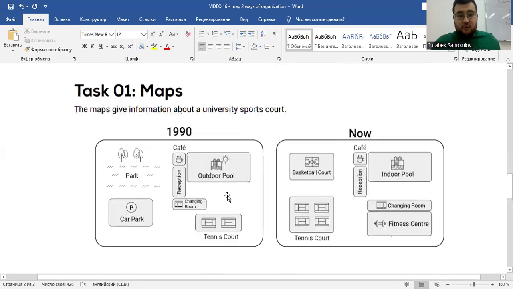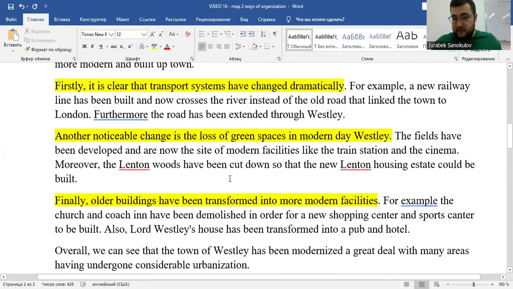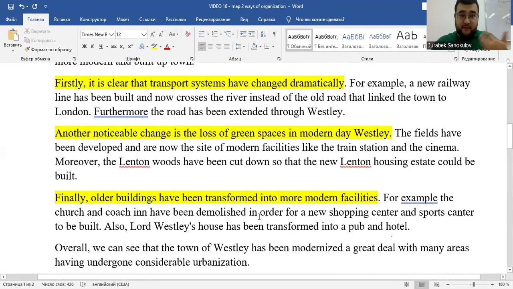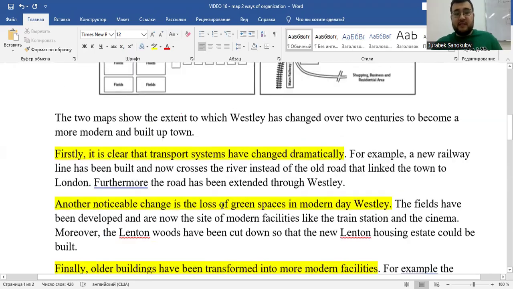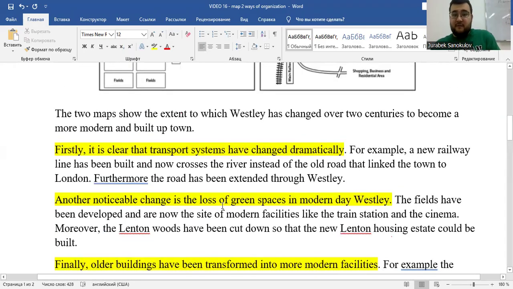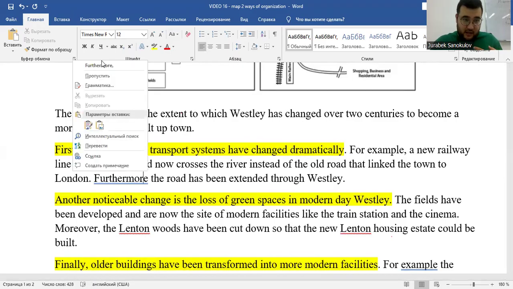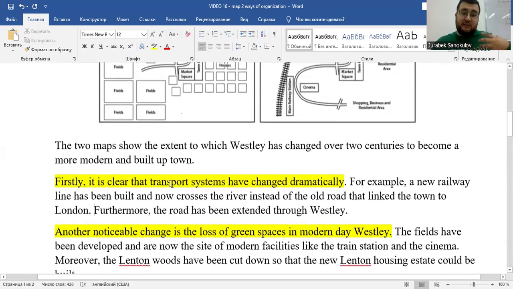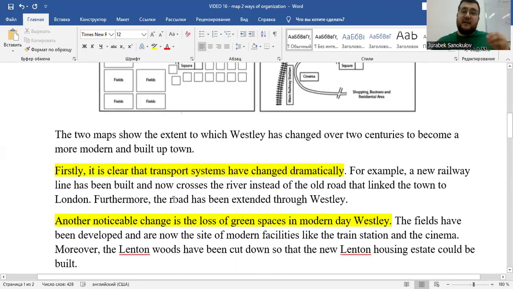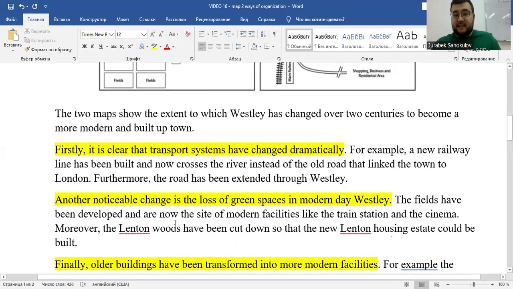So let's recap what we had today. I didn't write this one, but it's a very good, very well written report. It's written by a native speaker, so there are lots of things you can learn from this. It basically uses the first approach to dividing information into body paragraphs and maps, in which you will describe the changes in the same body paragraph, not separately.